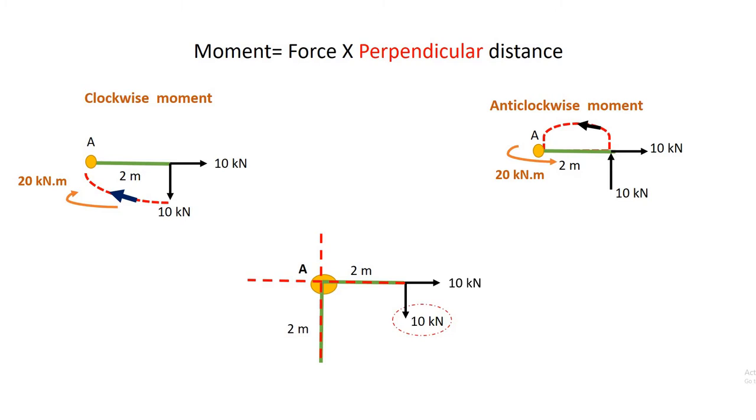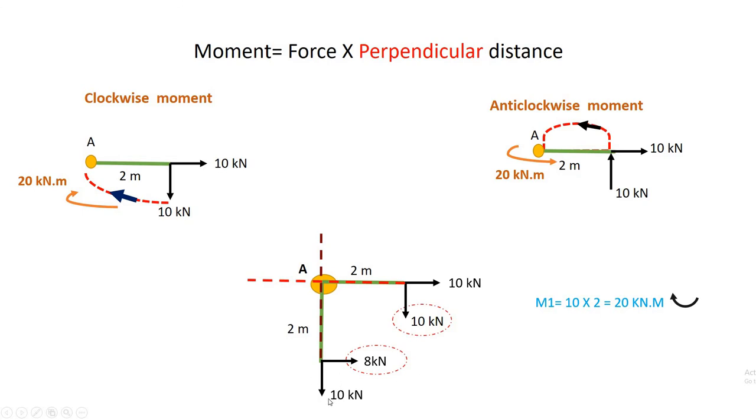And what about the magnitude? Now you have to tell me. It is 10 into 2. And what about the nature of moment? From the end to the arrow, then around the point. Nature of moment is clockwise, and the magnitude of moment is 20 kilonewton into meter.